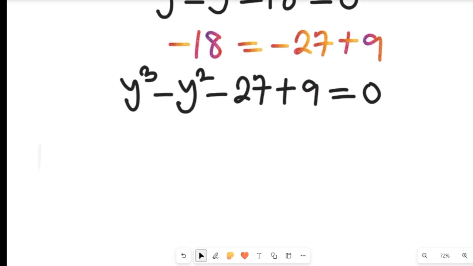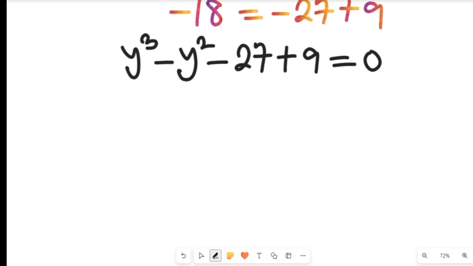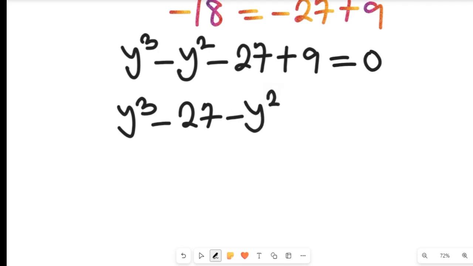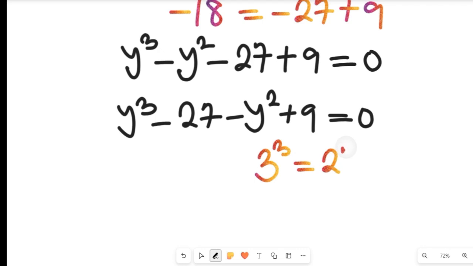Great. Now let's simplify. If we simplify this, we are going to have y to the power of 3 minus 27 minus y to the power of 2 plus 9, and this will be equal to 0. Now I want you to recall that 3 to the power of 3 is going to give us 27, and 3 to the power of 2 is going to give us 9, right?